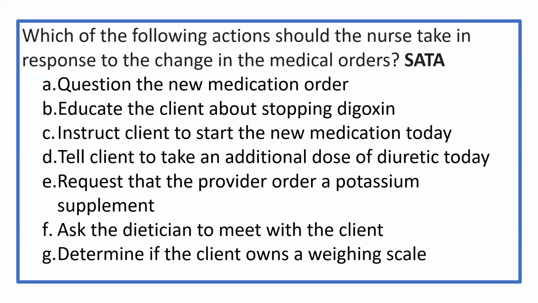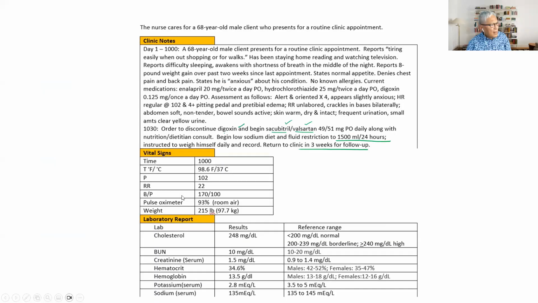You remember the patient was already on enalapril, and hydrochlorothiazide. And now he's going to give us sacubitril and valsartan. That's double. We're now giving another ACE inhibitor and an ARB.